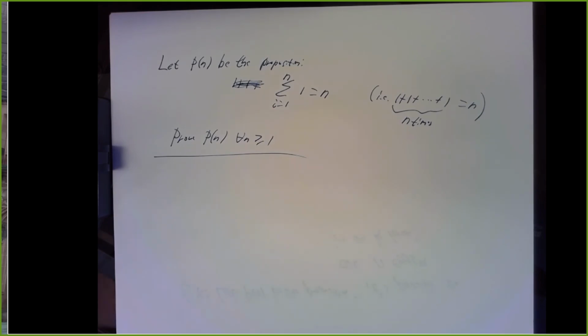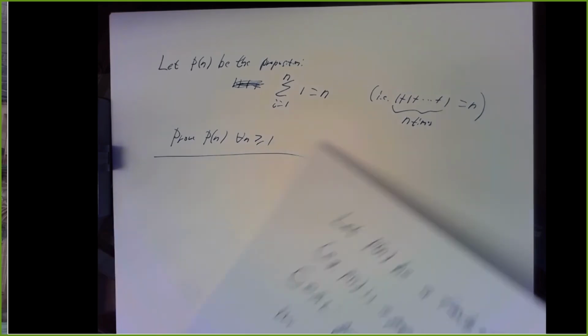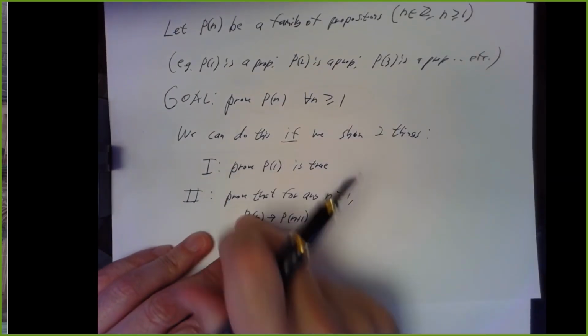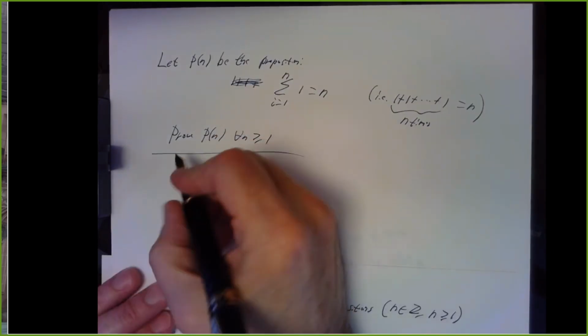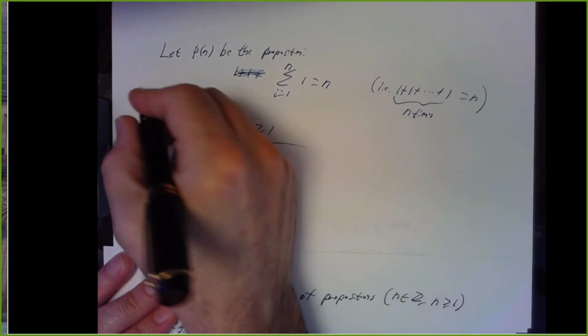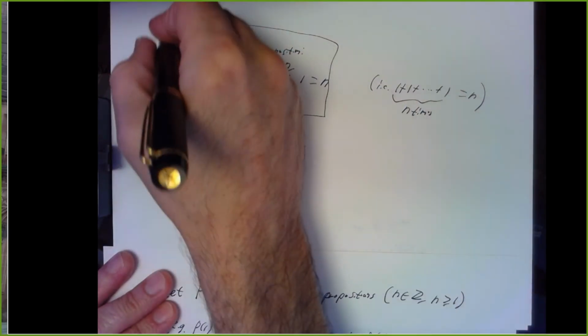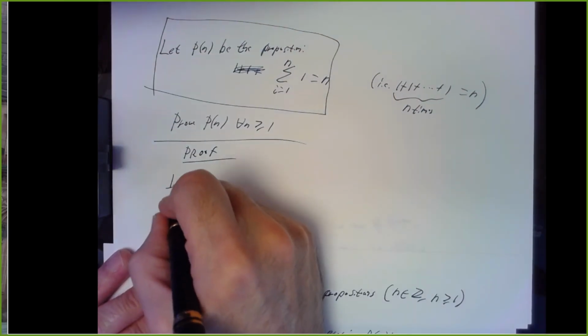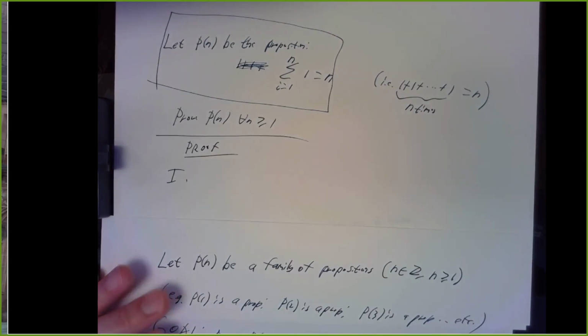And we can do it using mathematical induction. So mathematical induction says we have to prove two things. Alright, so we've got our proposition. Step 1, we want to show that P of 1 is true.